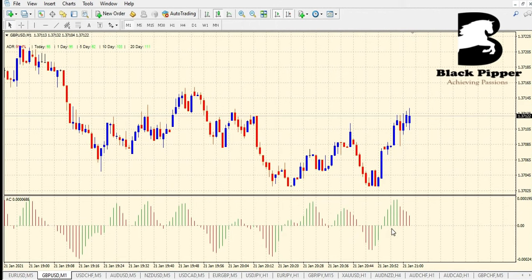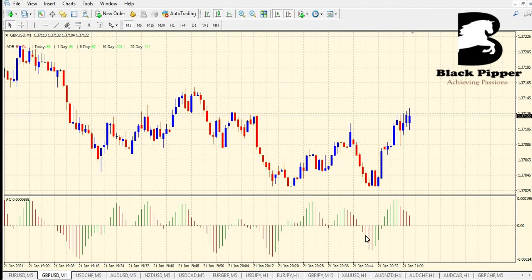If the bars are above the zero line, this indicates that the market is in the bullish phase, and it's denoted by a green bar. If the bar of this indicator window is below the zero point and is in the red color, this is considered a bearish sign.